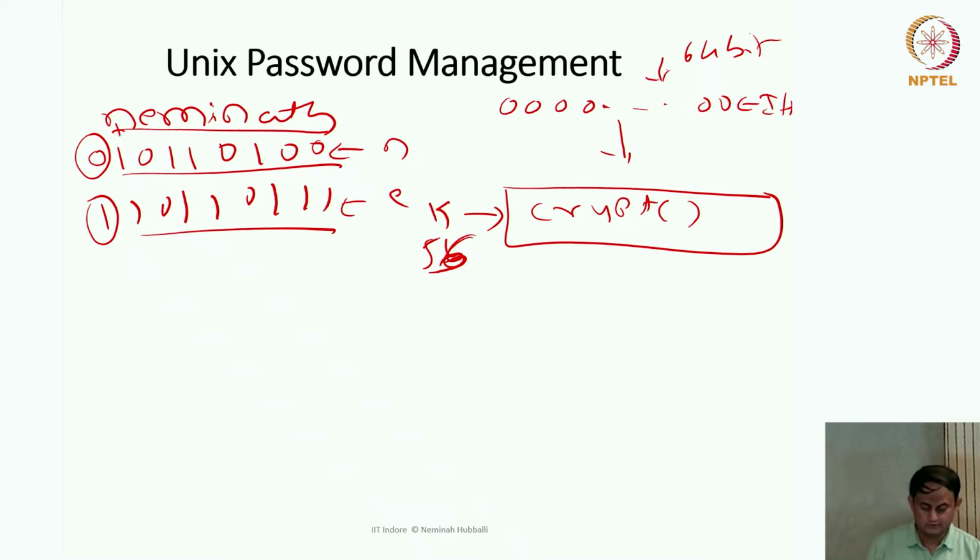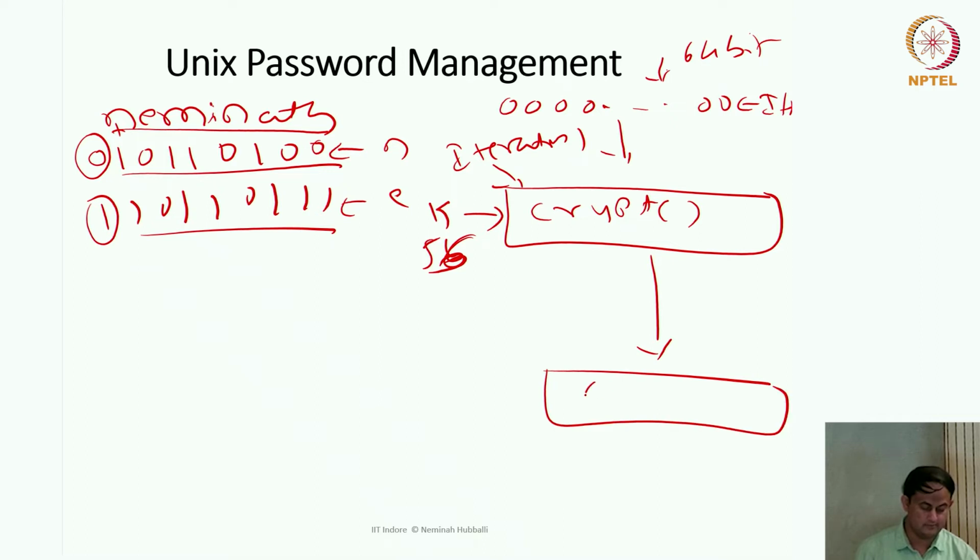So with the same key, this is iteration number 1. Whatever output is generated, use that as input to the next iteration. So the same crypt function and the same 56-bit key, do the second iteration, and continue this operation. How many times? 25 times.